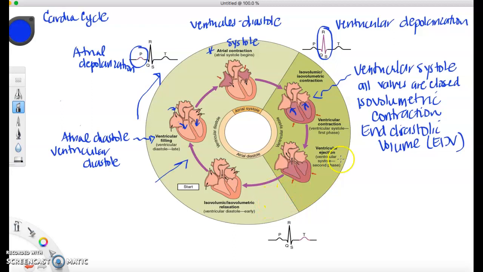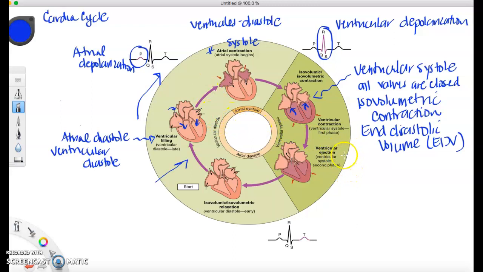So that's the end diastolic volume, and that comes when we have the isovolumetric contraction, which is where that contraction at the very beginning, like at the apex of the heart, as it starts to contract and send that action potential to all the contractile muscles up the walls of the ventricles through the Purkinje fibers, is enough to close the AV valves, but not enough to open the semilunar valves, and we're in a completely closed compartment there.